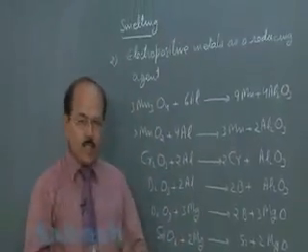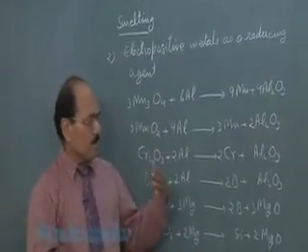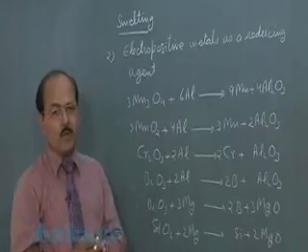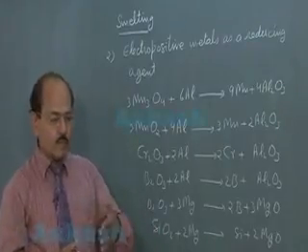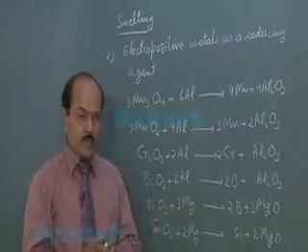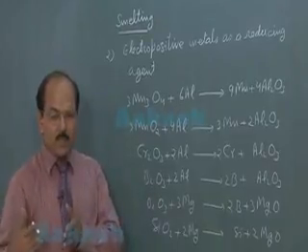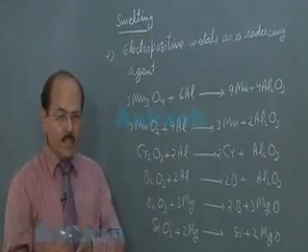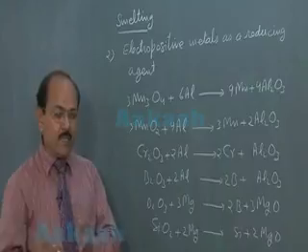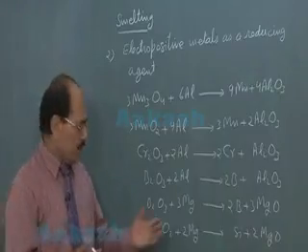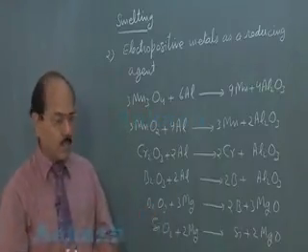Not only oxides, the halides of titanium are also reduced by electropositive metals. It's rather difficult to reduce the oxide of titanium. So titanium halides are reduced by magnesium or by sodium.